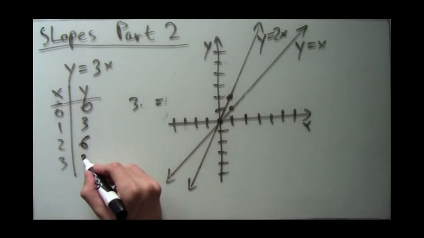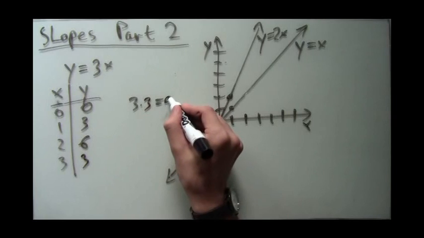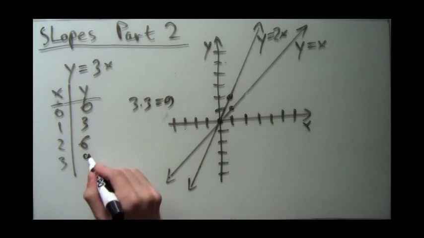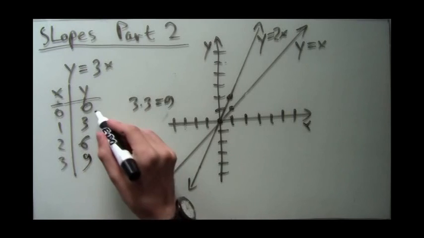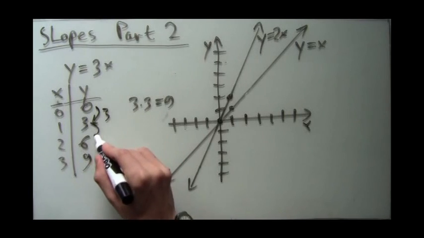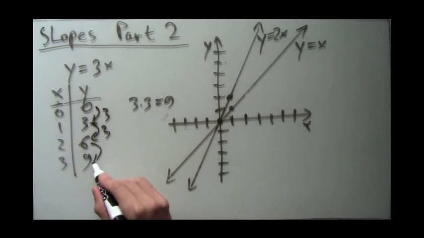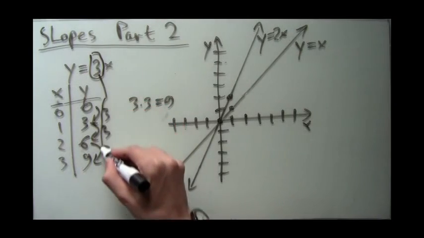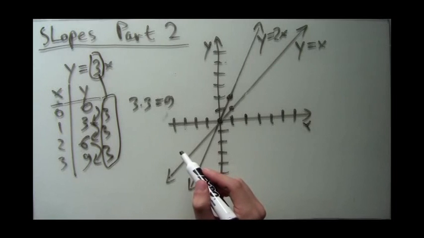And 3 times 3 is 9. And again, we notice that y increases by 3 every time x increases by 1. This confirms that the slope is 3 as indicated in the function.